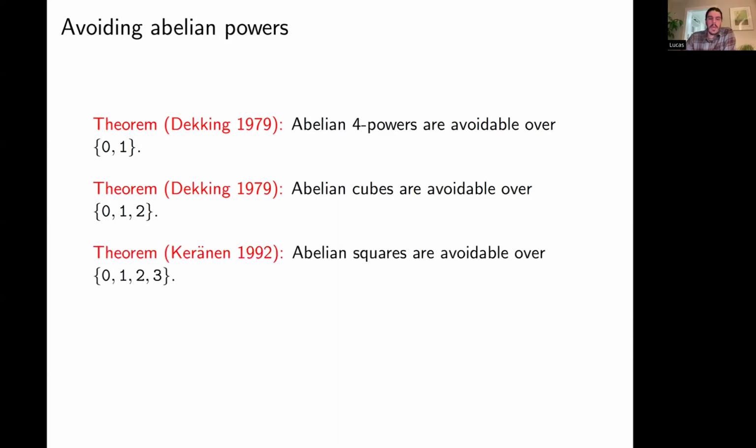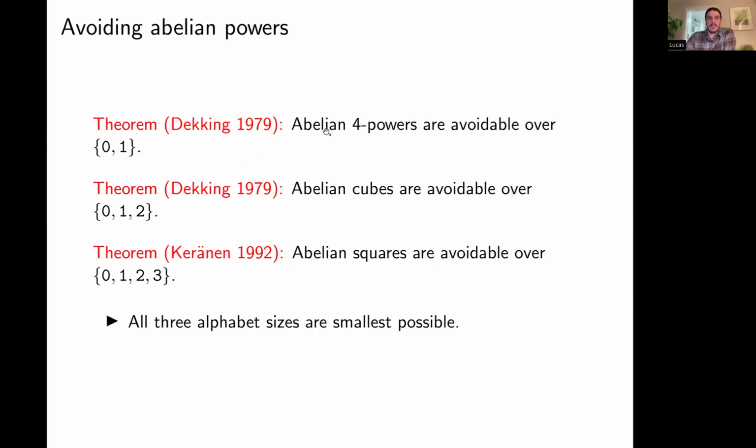And finally, Keränen in 1992 showed that abelian squares are avoidable over four letters, 0, 1, 2, and 3. All three alphabet sizes are smallest possible. It's impossible to avoid abelian squares over a three-letter alphabet, and impossible to avoid abelian cubes over a binary alphabet.